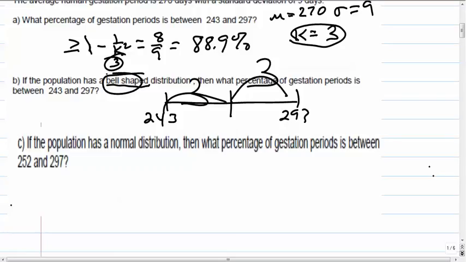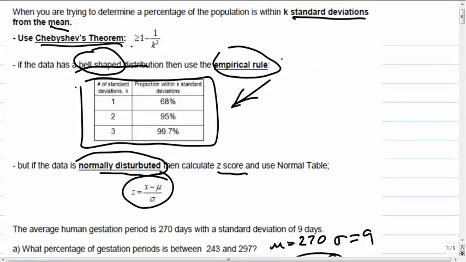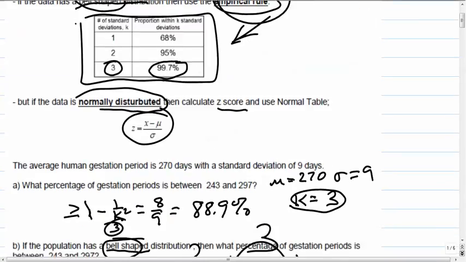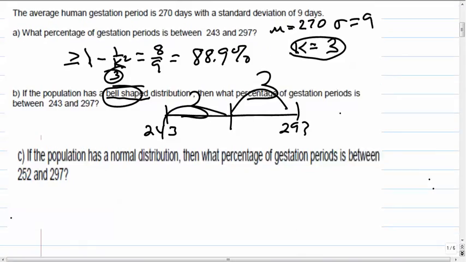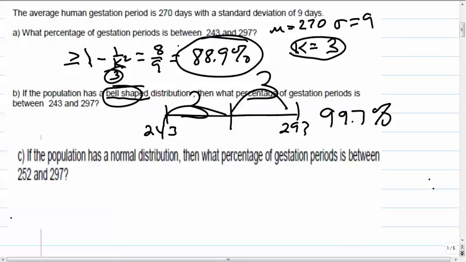And since it is bell-shaped, we can go to the empirical rule and notice that if we are within 3 standard deviations, it is telling us that 99.7% of the data is between these two numbers. So the answer to this one is 99.7%. So the first one, 88.9. The second one, 99.7. If you notice, this is a much more accurate calculation than if we use Chebyshev's.